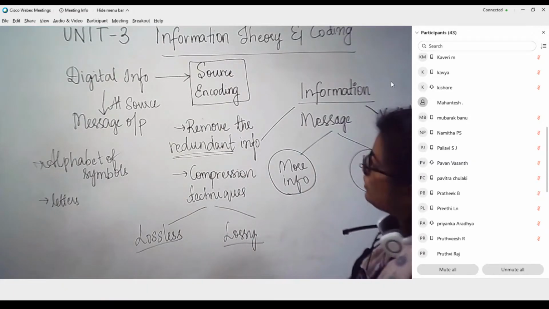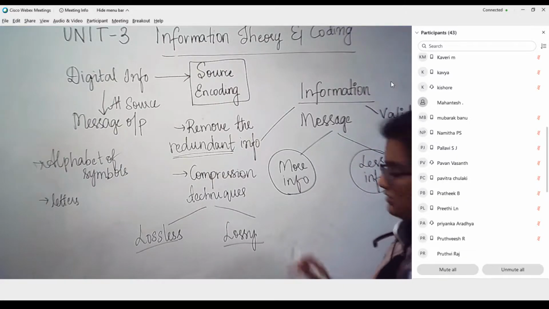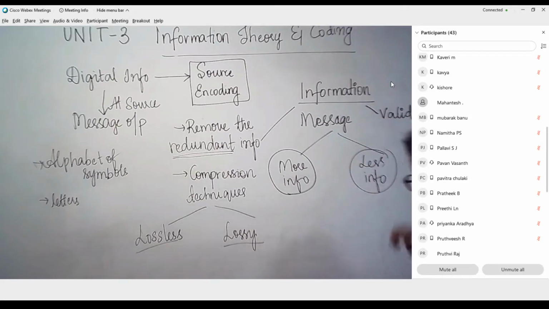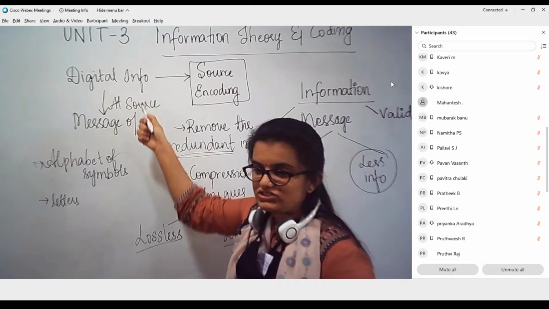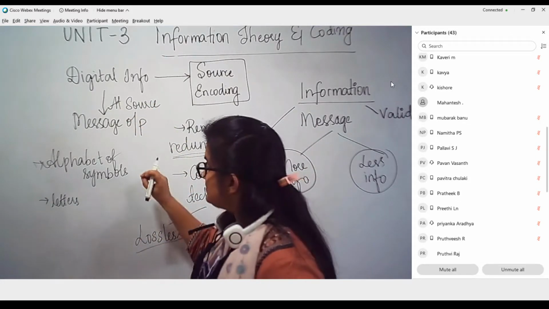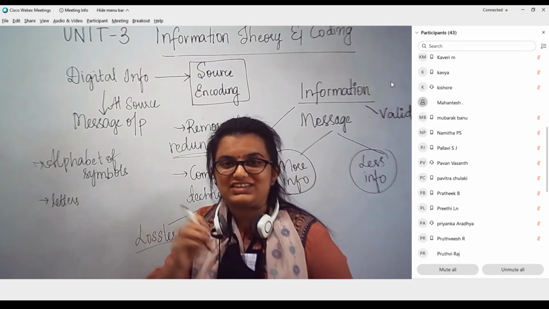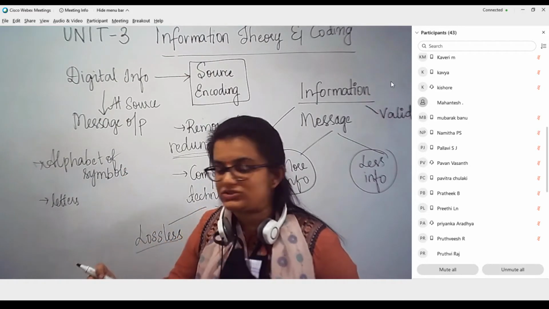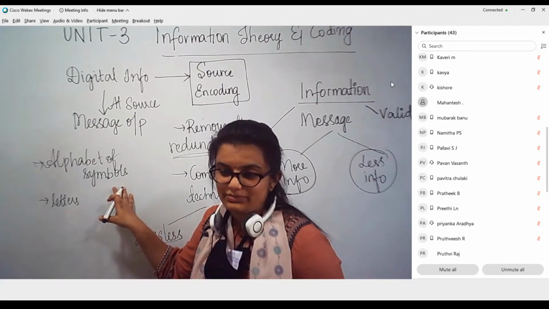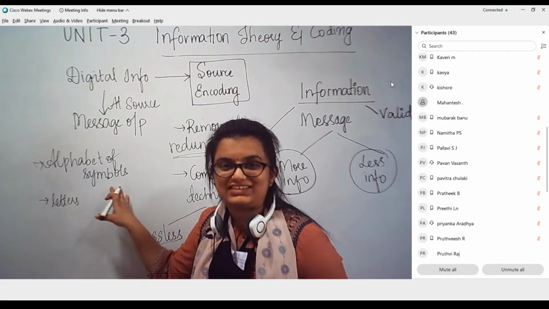So I'll give you one more analogy. For the same information content, whether it is more or less, how do we decide this? Let us assume your digital information source, since it is a digital source, is going to give us a string, a series, or a sequence of symbols as an output. These symbols are going to appear at discrete time intervals.